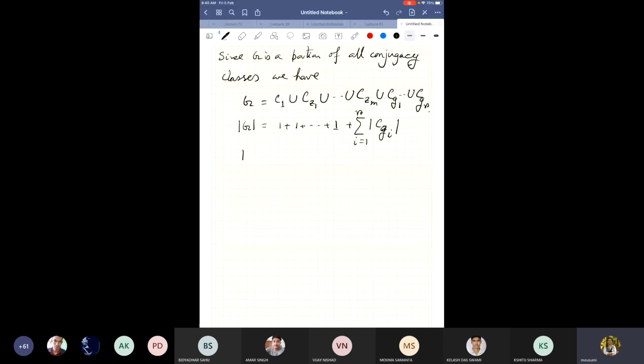So this is nothing but the cardinality of the center plus the cardinality of the other conjugacy classes. So this is known as the class equation.